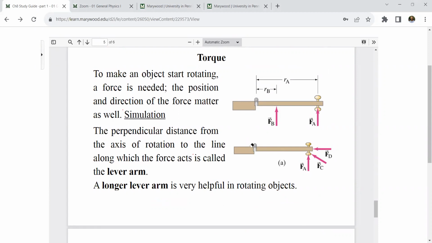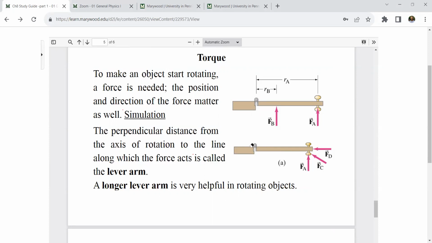We already saw that for linear displacement we have angular displacement, for linear velocity we have angular velocity, and we also have angular acceleration.